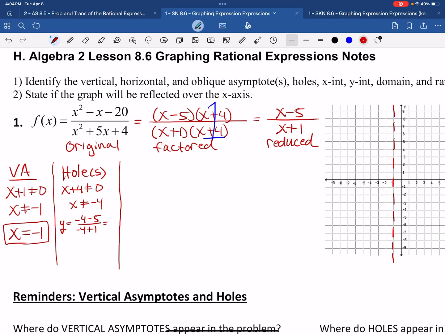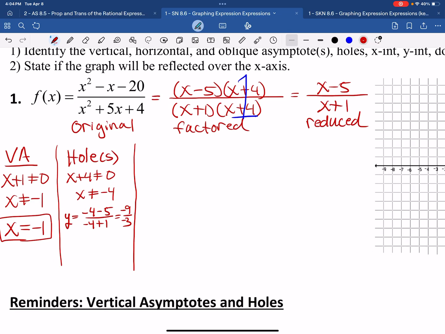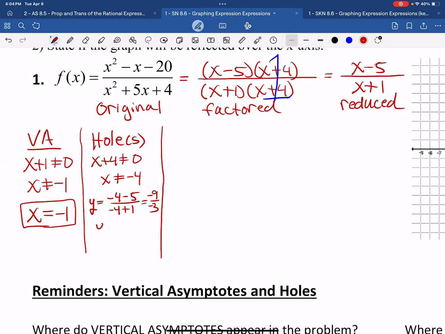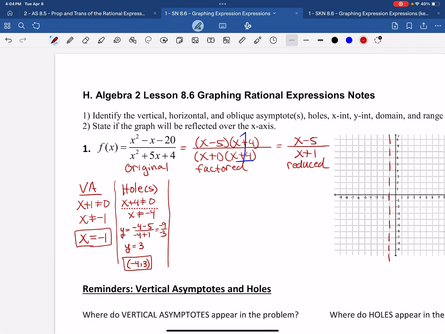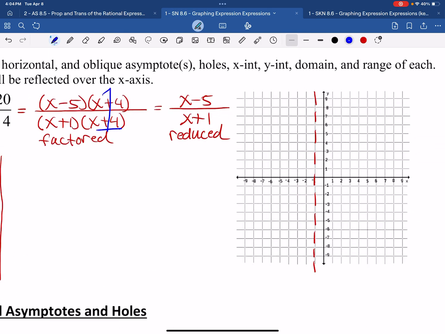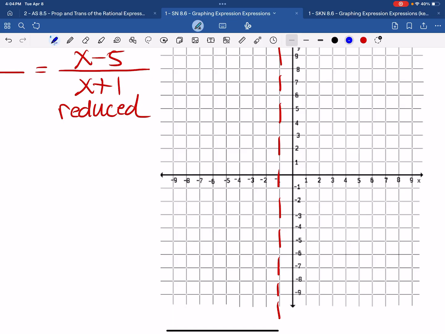And this will lead us to -9 over -3, and so that means that y is equal to 3. So our hole is at the point (-4, 3). So I'm going to come over to my graph, go to the point (-4, 3), and put a hole.